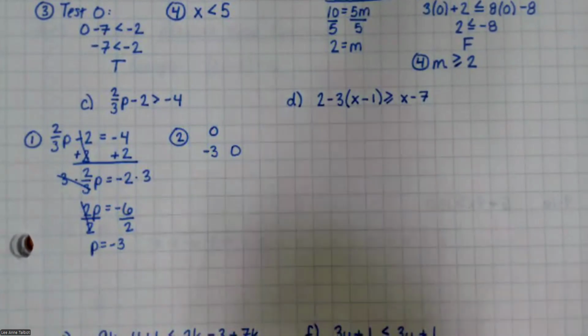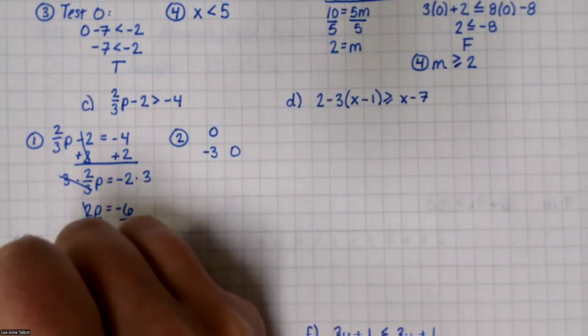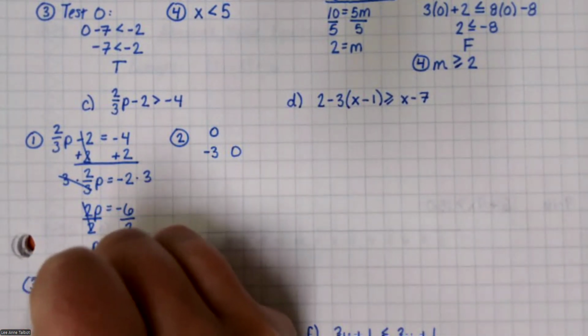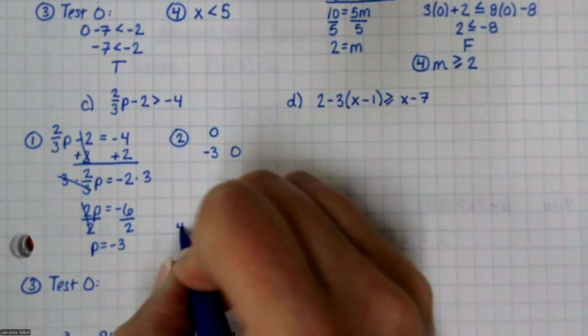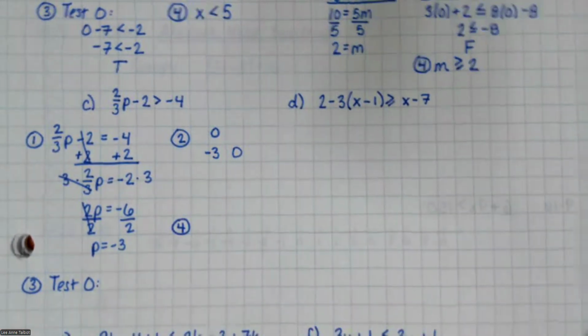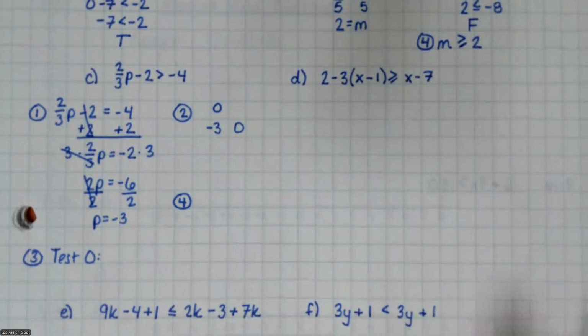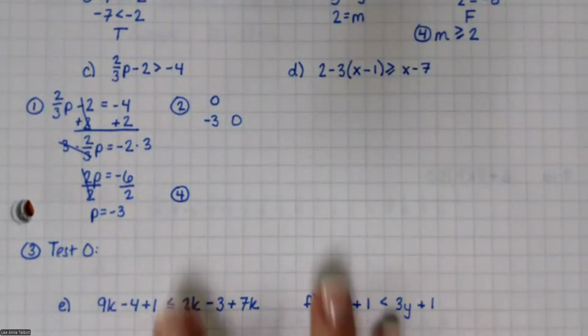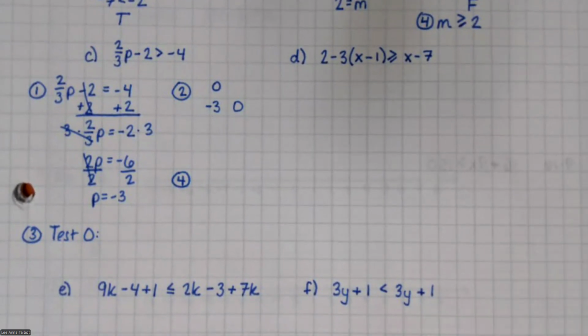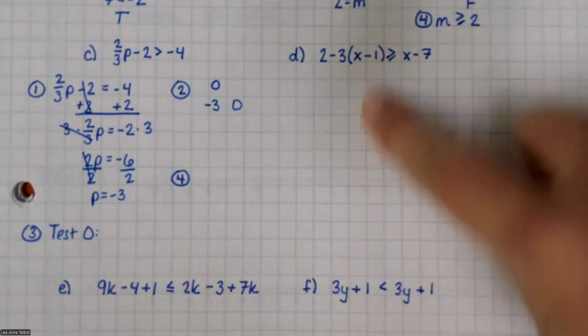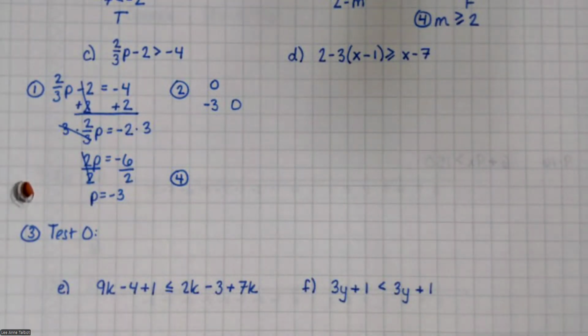Okay, so I want you guys to finish this one, test 0, and then really importantly, don't forget your final answer. And then I also want you to do D. Do not do E and F. Those ones have weird answers. I want you to save those for me. So you're just working on this and this, and talk about it in your groups, please. And thank you.